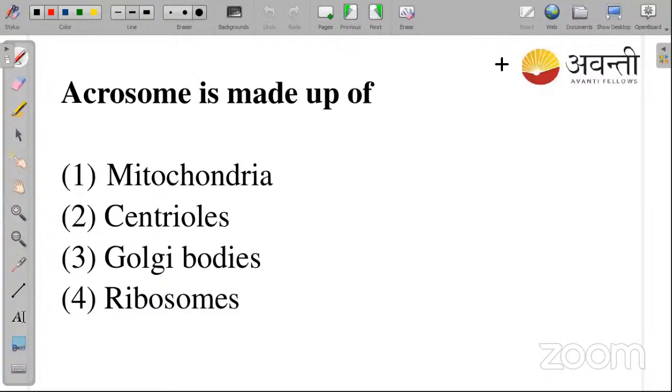Many of you chose option C. Obviously, option C is the correct answer. So Golgi body is the correct answer. Okay. So this is all about spermatogenesis.